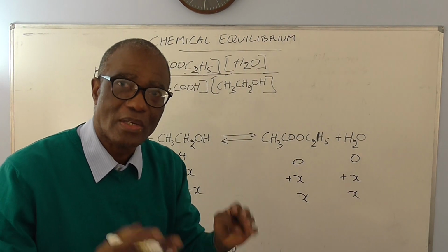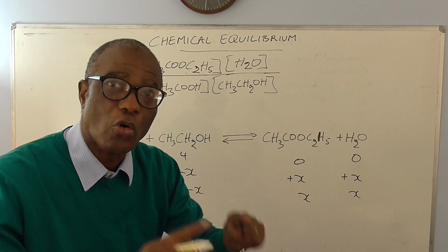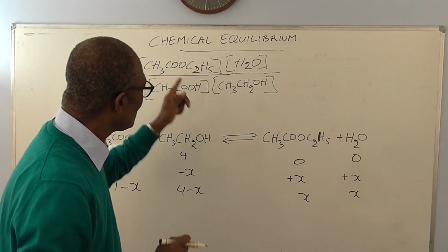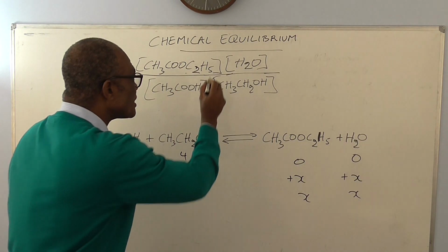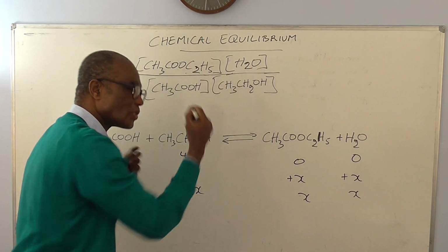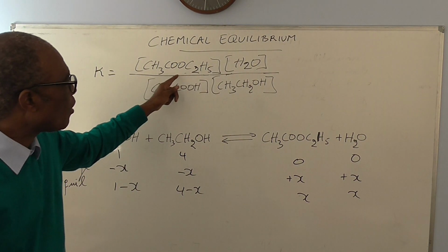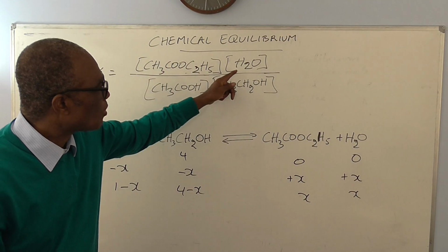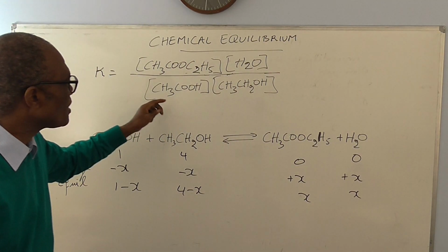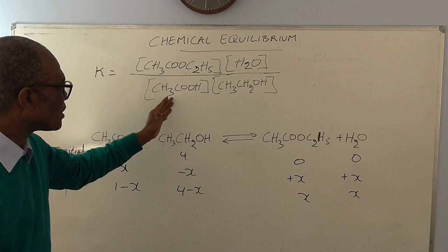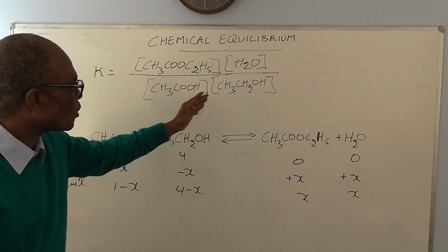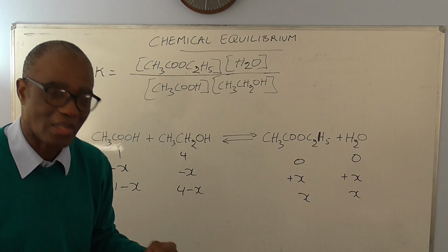In chemistry, the square bracket means concentration. So the concentration of the ester multiplied by the concentration of water divided by the concentration of ethanoic acid multiplied by the concentration of ethanol.